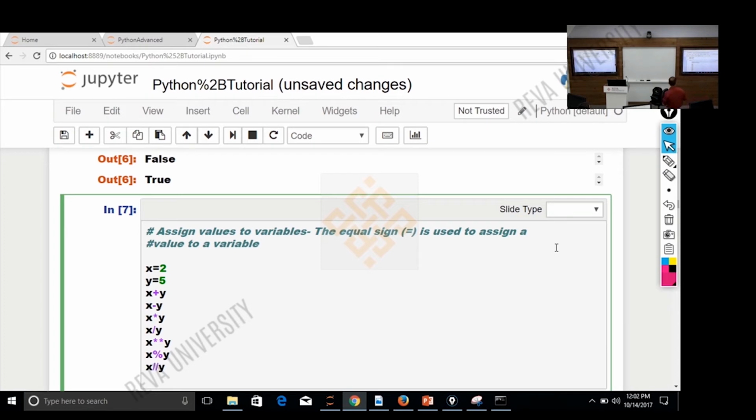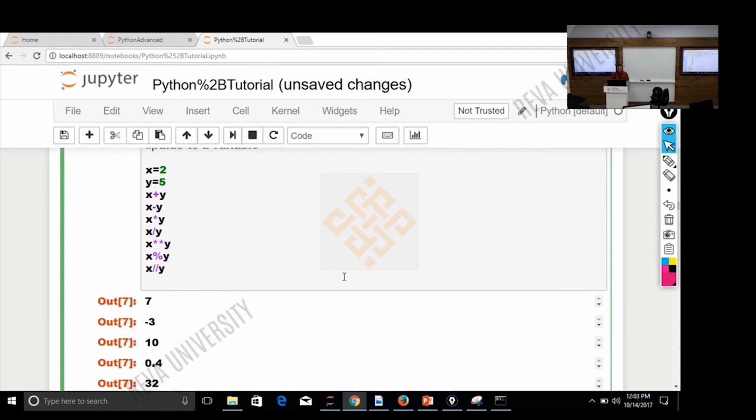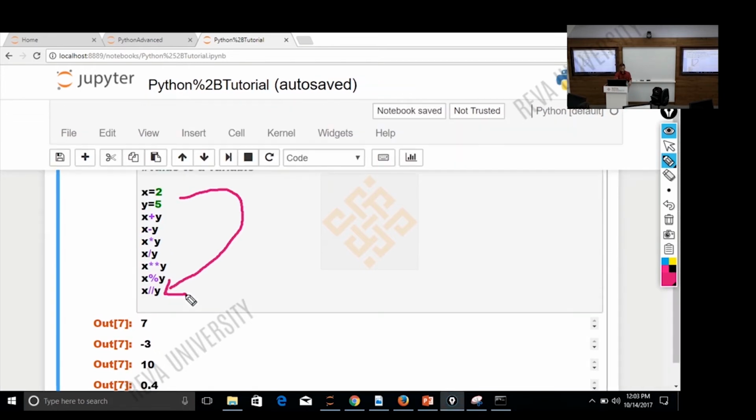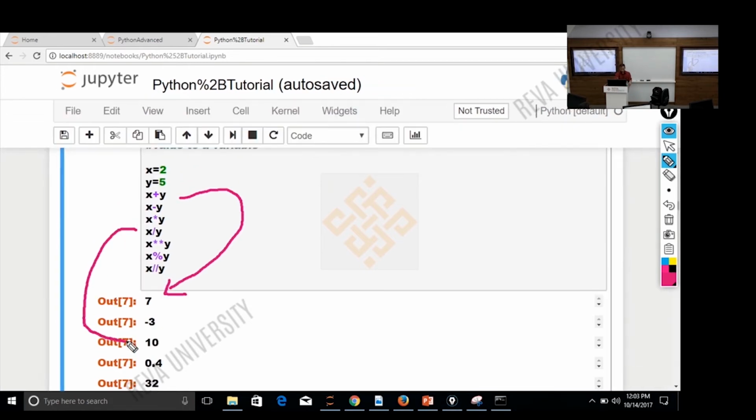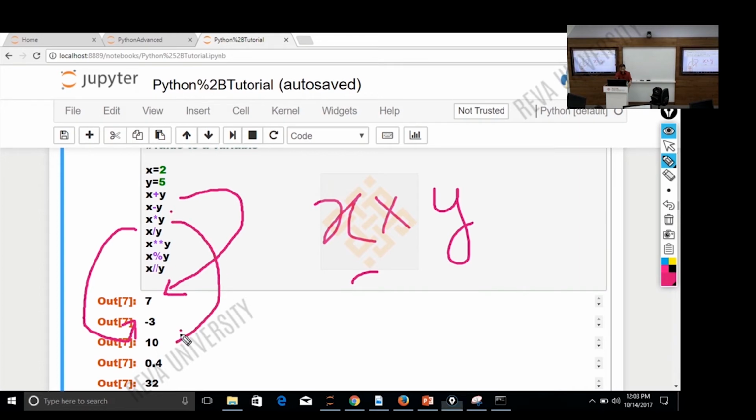So let's look at the output here. Everybody's done? Okay, so x plus y is going to be straightforward, and I will use my screen over here. x plus y is 7, very clear. x minus y is minus 3, clear, right? x times y is 2 times 5, which is 10, over here. x divided by y, which is 2 by 5, is 0.4, right?